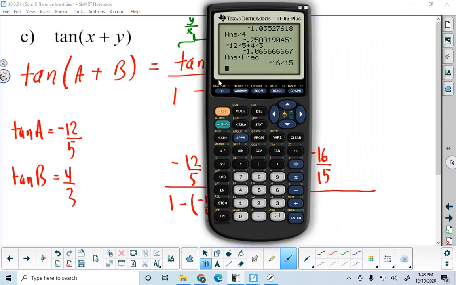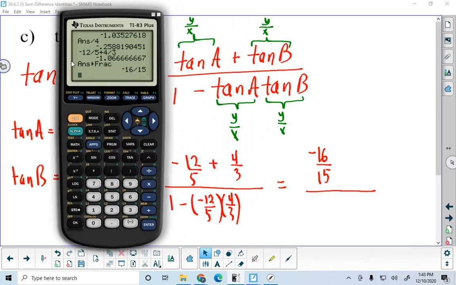I might be off a little bit. 1 minus negative 12 over 5 times 4 over 3. It's 21/5. Oh, I said 63/15. 63/15 reduces to 21 over 5. So we have over 21 over 5.